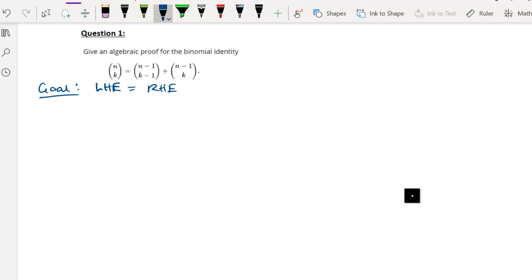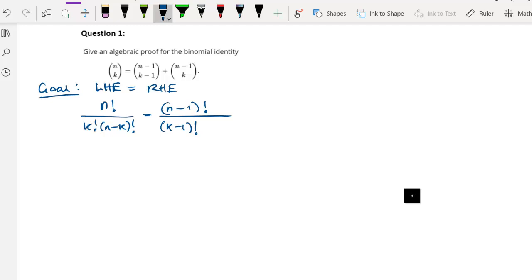Now, algebraically, what we're trying to do then is manipulate. So logically, if we use our combination rule for each of these, on our left-hand equation, we've got n factorial, and k factorial, and n take k factorial. And on the right-hand equation, we've got n take 1 factorial, and k take 1 factorial.